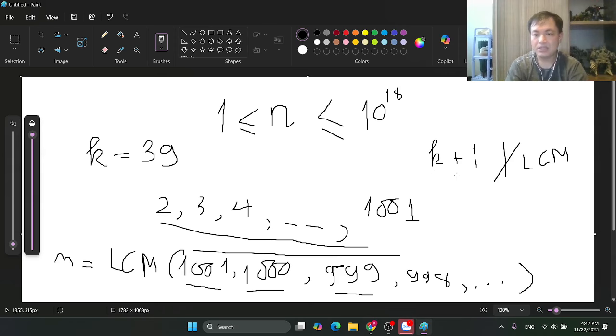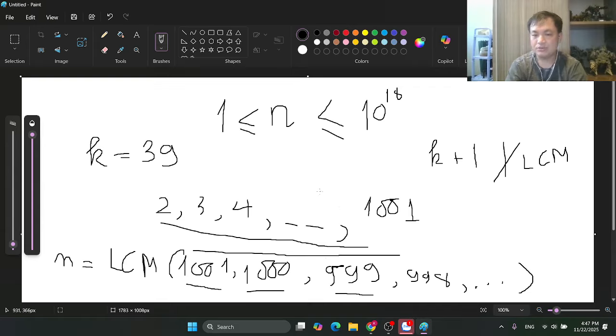So if k plus 1 is not a divisor of the LCM, you have to find with the rest, and you repeat this process.